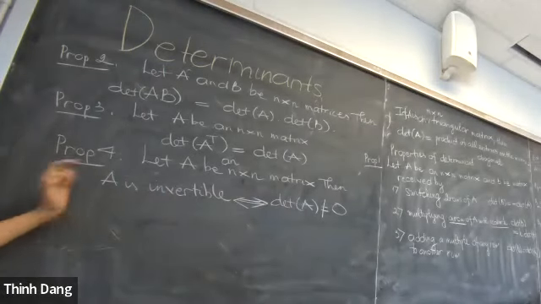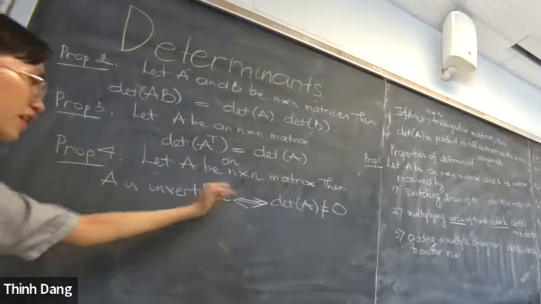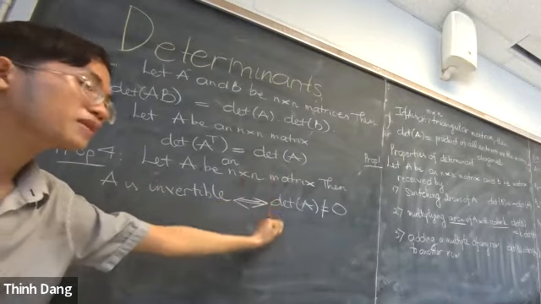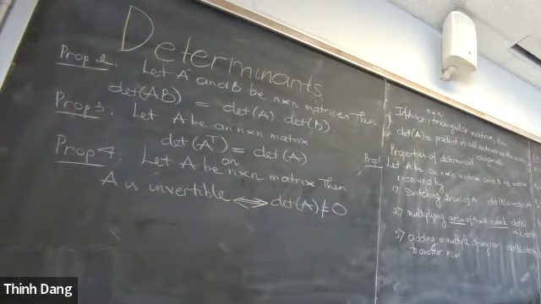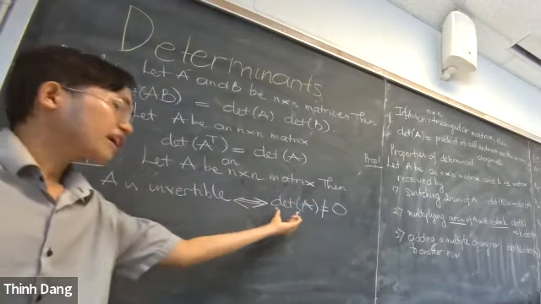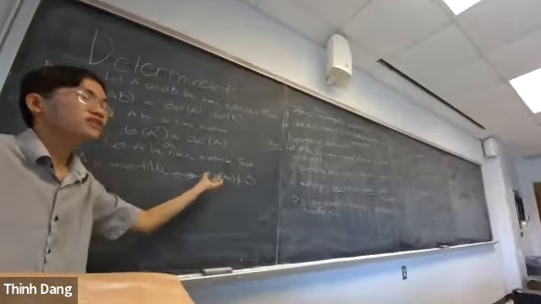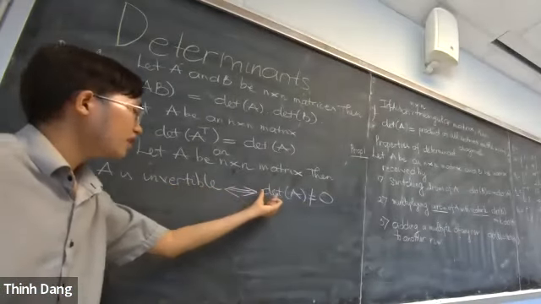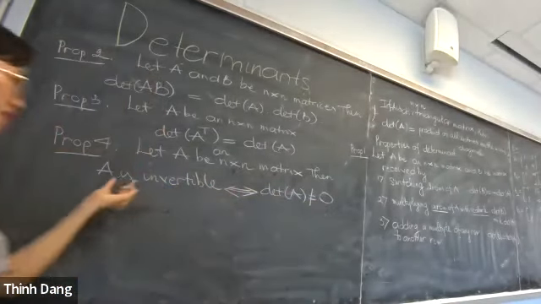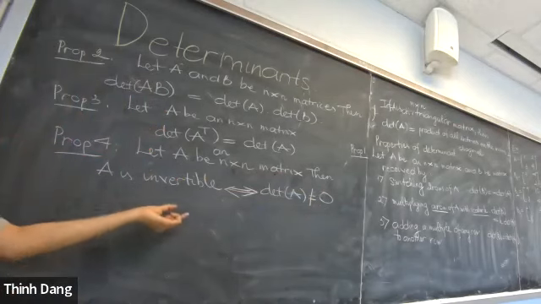According to this theorem, any square matrix is invertible if and only if its determinant is non-zero, right? So from now on, if you want to check whether a square matrix is invertible or not, you simply need to calculate the determinant and compare it to zero only. If it is zero, then the answer is no, not invertible. But if the determinant is non-zero, then the answer is yes, the matrix is invertible.